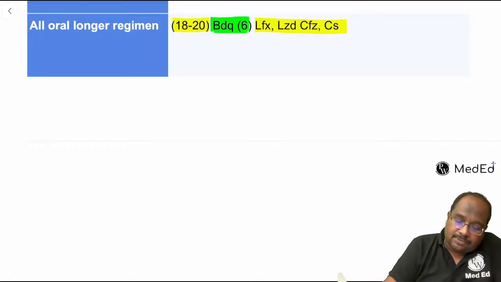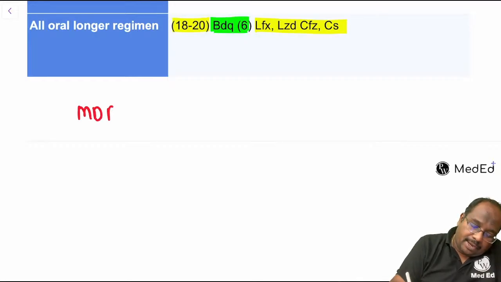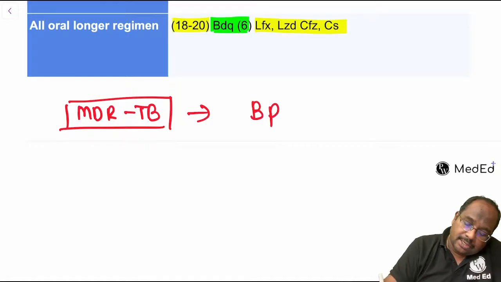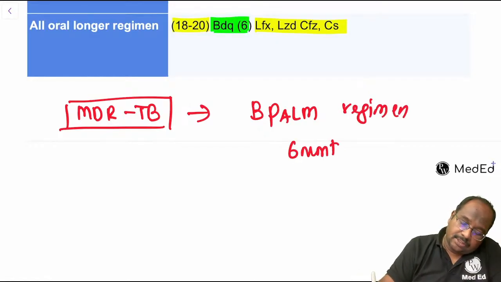Recently, just for information, I'm just telling you, the government has launched a new regimen for MDR-TB, maybe asked in viva also. The regimen is called the BPaLM regimen. This is given for 6 months. What is the regimen?